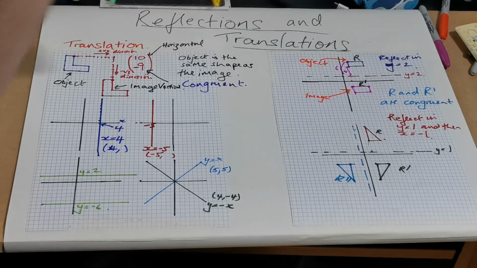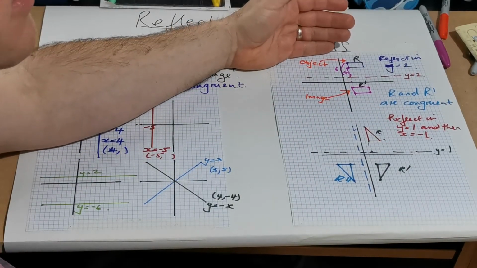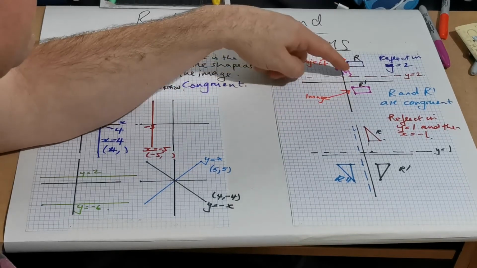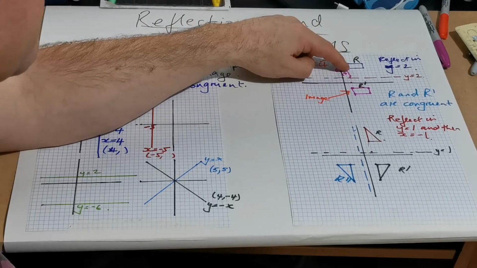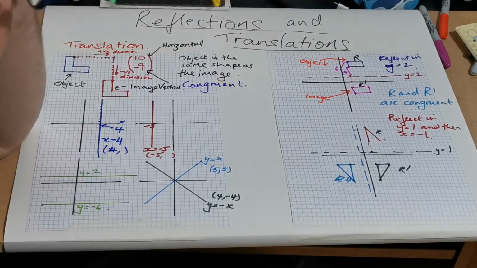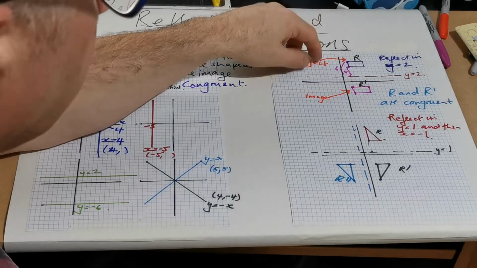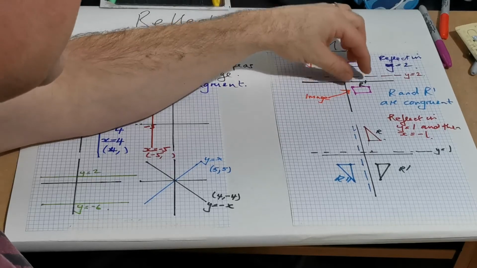When we're asked to reflect, we need to remember that the image is the same distance away from the mirror as the object. So I went 4 and then 4 and then 6 and then 6. The object may be called a letter, but the image would be that letter dashed.